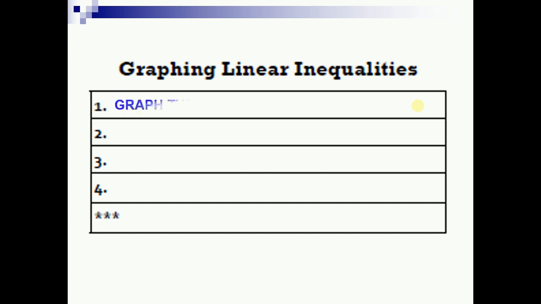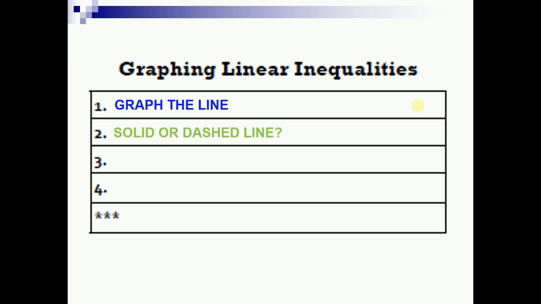First step we're going to take is we're going to graph the line like we normally would have graphed it. So we're going to find the slope, find the y-intercept, and graph it. Sometimes you may need to solve for y to graph that line. That's okay if you need to. It all depends on what form we're given. Then we need to decide, is it a solid or a dashed line?